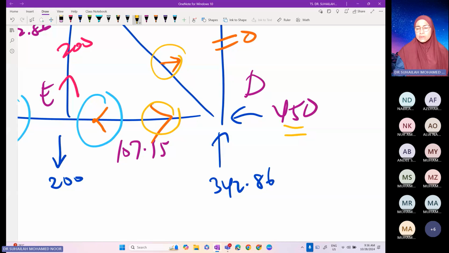Total horizontal force must be 0. So what is the difference? 450 tolak 107.15. Berapa nilai dia? 342.